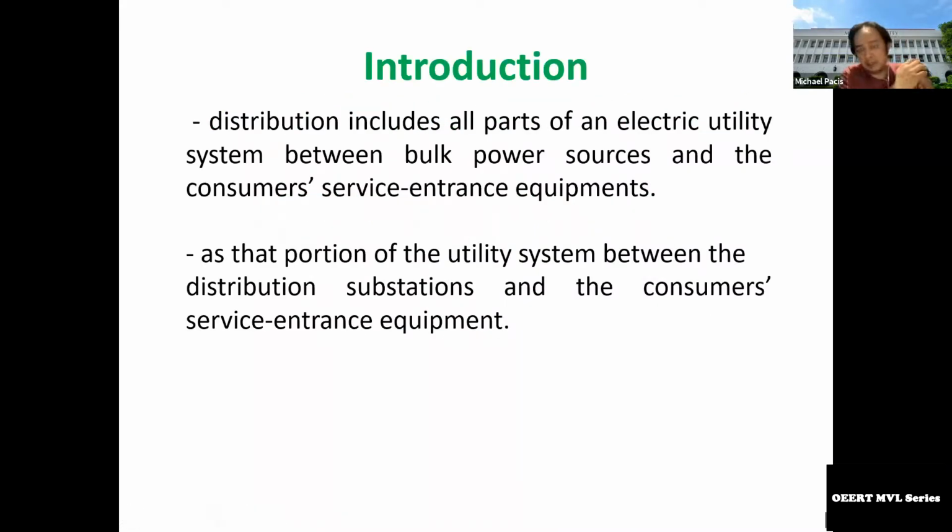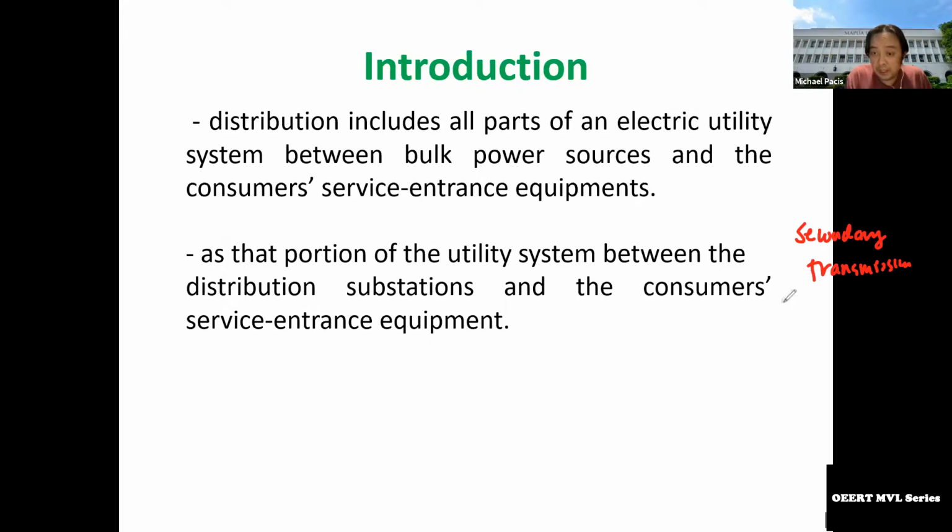So again, this is what we have discussed so far, the power system scheme. Distribution includes any electric parts of an electricity network, a utility network, between bulk sources and the consumer service entrance. That is what is meant by distribution. This is also the same when we discuss secondary transmission.